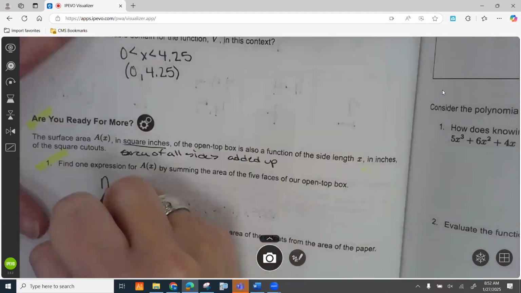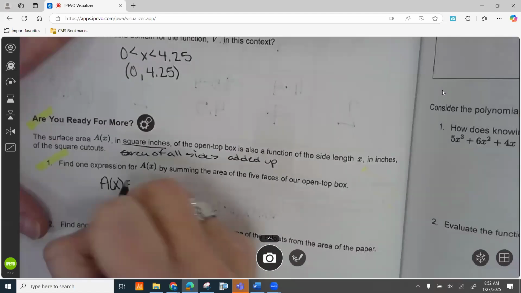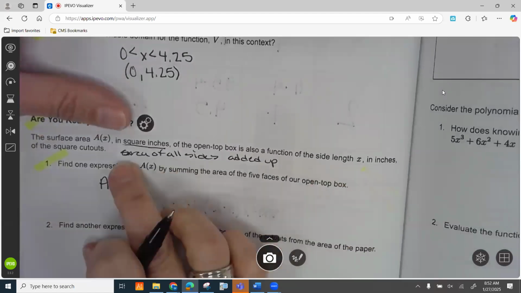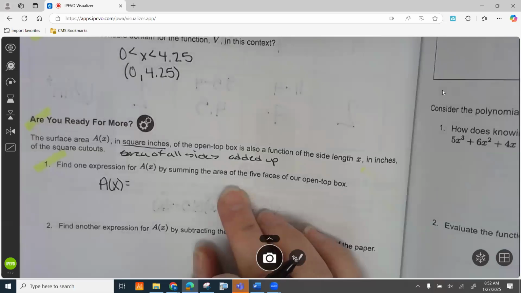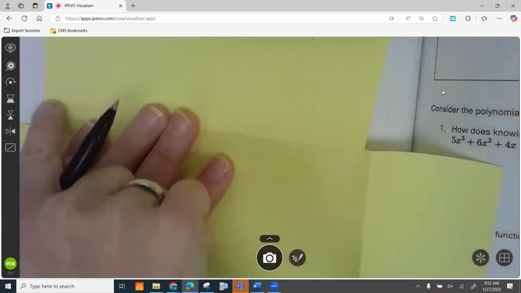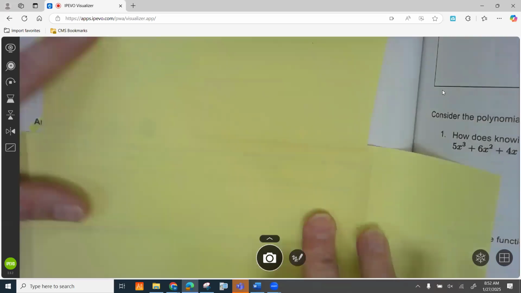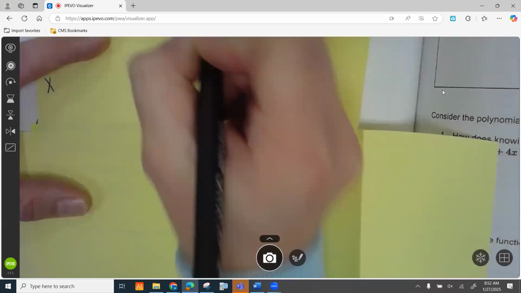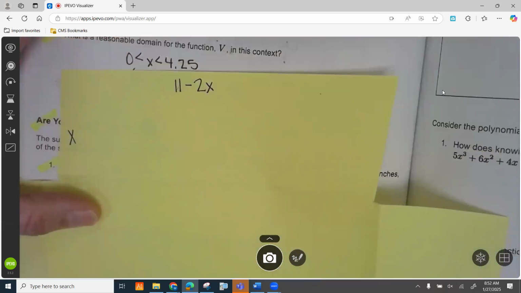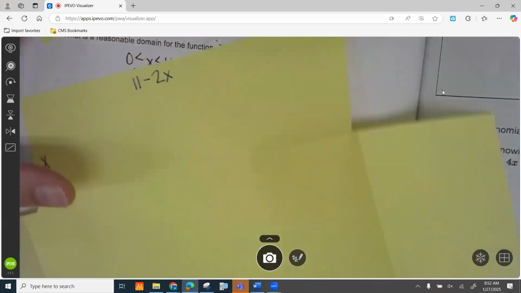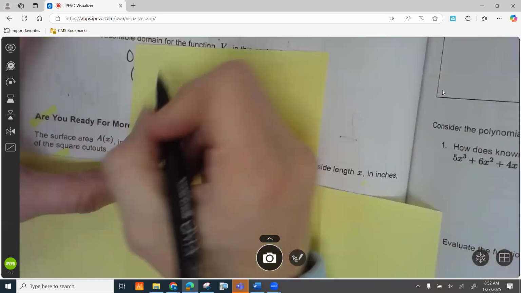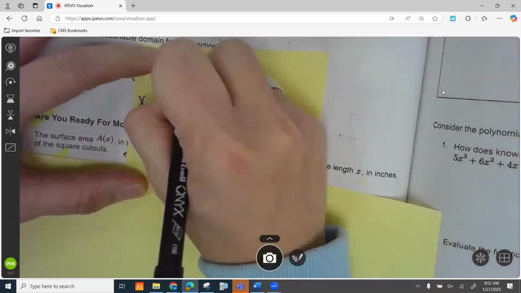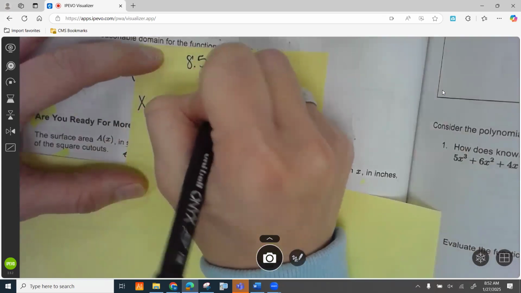To find the area of the sides, think about it for a second. This one side, the height is just x, and this is going to be 11 minus 2x. This side right here is going to be an x, but this is going to be 8.5 minus 2x.